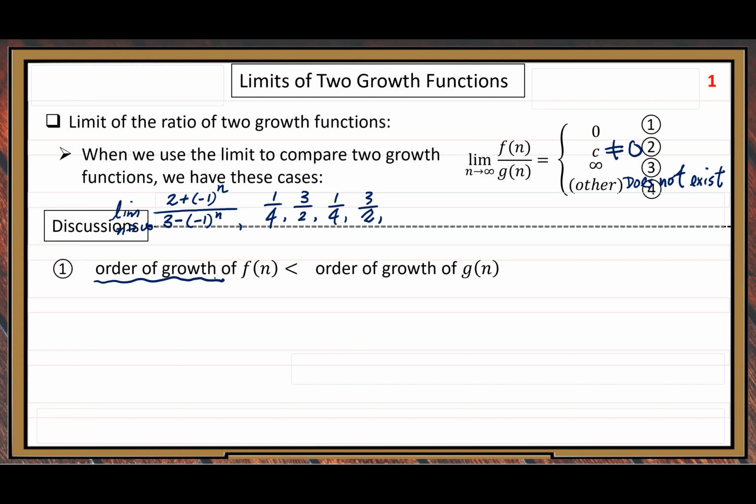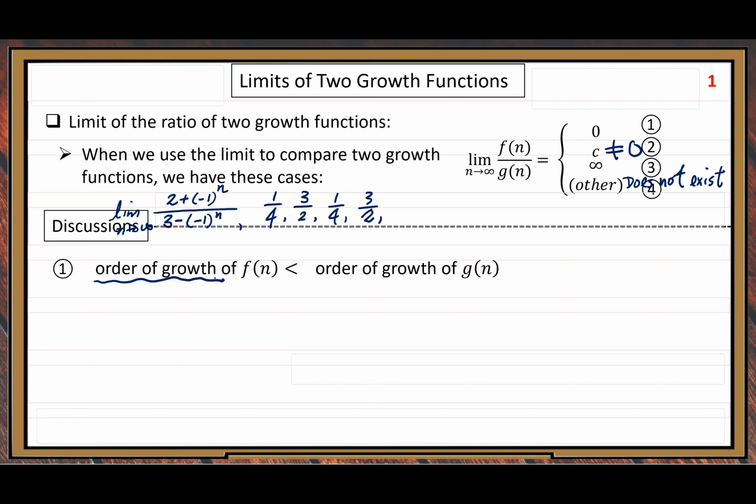So later, I will give you a closer explanation. Here, some abstract concept, order of growth. A function grows in a certain order. There is an order, some measure.